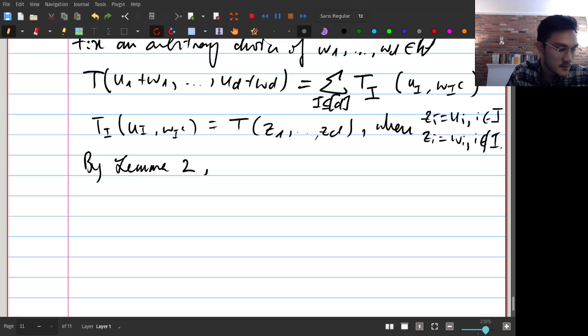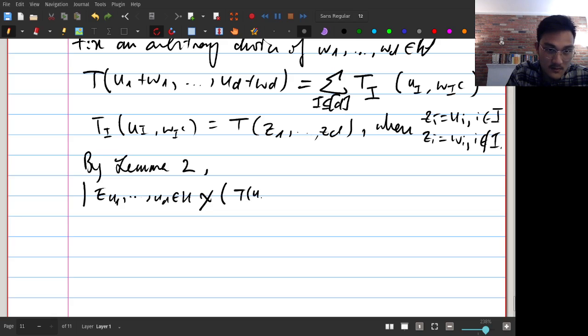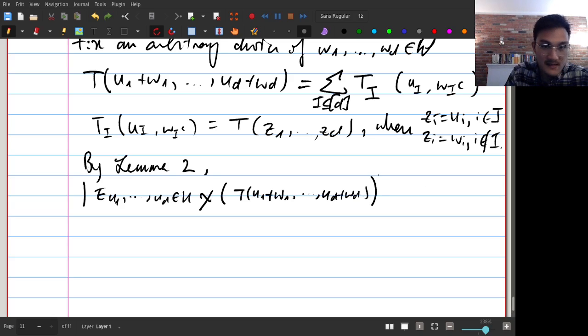So by lemma 2, the expectation over all U1 up to UD of chi of T of U1 plus W1 up to UD plus WD is less than or equal to the expected value over U1 up to UD of the top one, right?